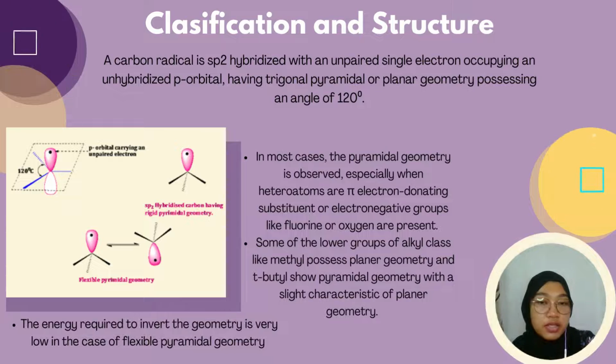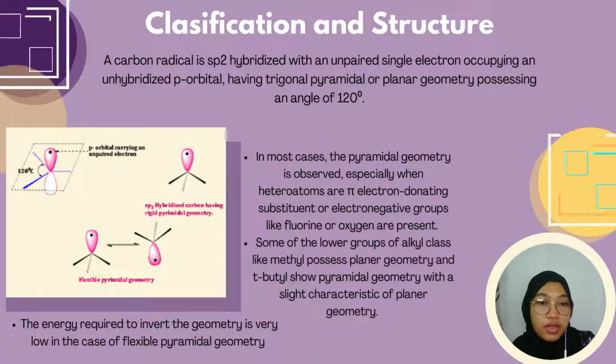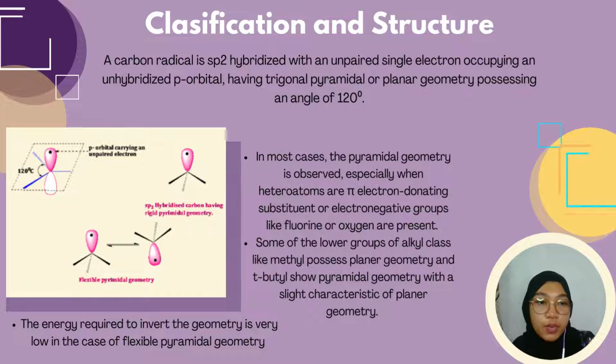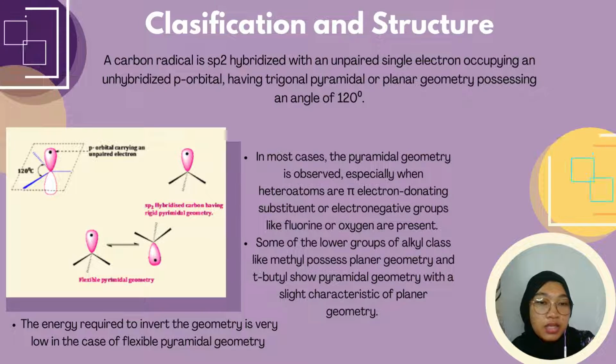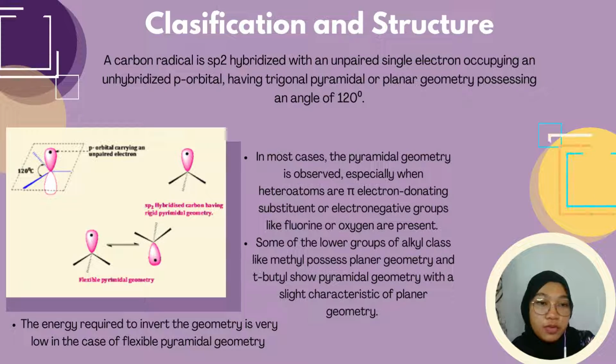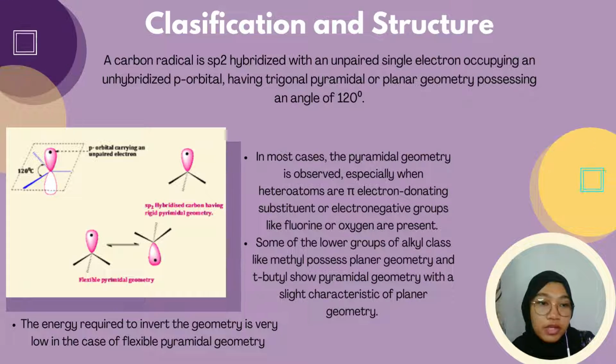A carbon radical is sp2 hybridized, with an unpaired single electron occupying an unhybridized p orbital, having trigonal pyramidal or planar geometry with an angle of 120 degrees. In most cases, pyramidal geometry is observed, especially when heteroatoms with pi-electron donating substituents or electronegative groups like fluorine or oxygen are present.